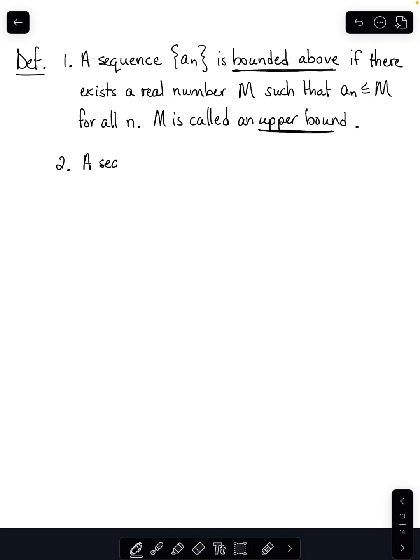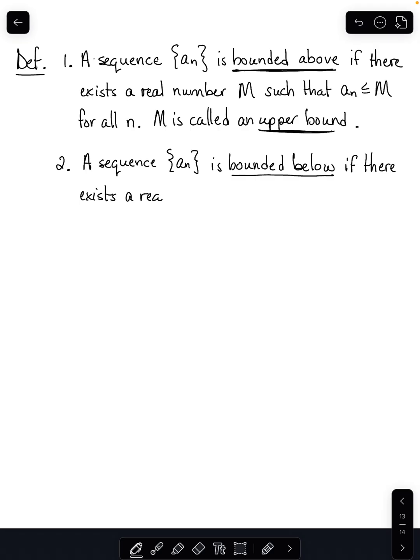Likewise, a sequence can be bounded below if there exists some value, which we will call big N, such that all of the terms in the sequence are bigger than big N. In this case, big N is called a lower bound.